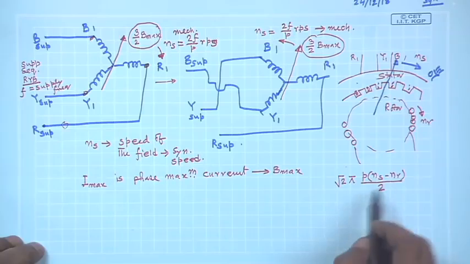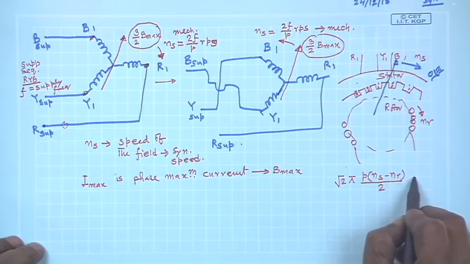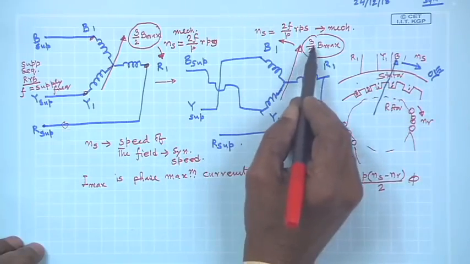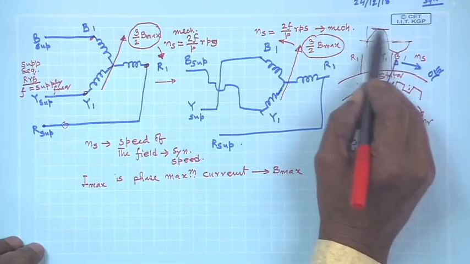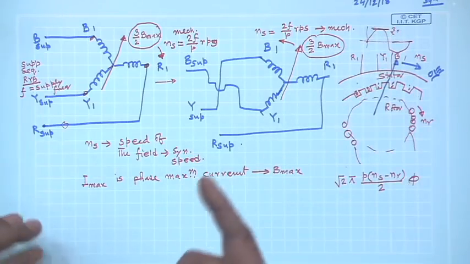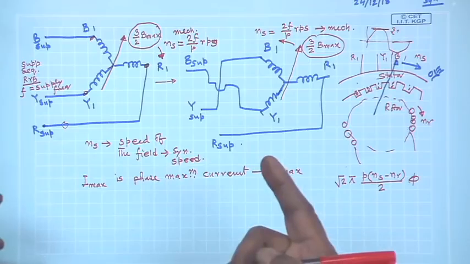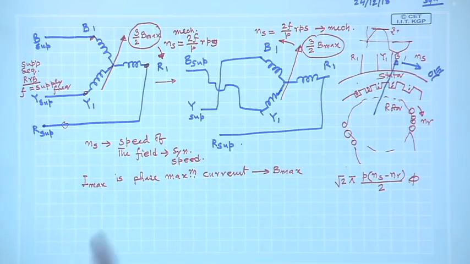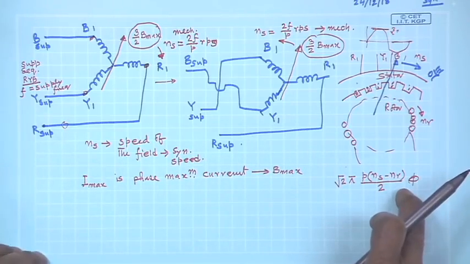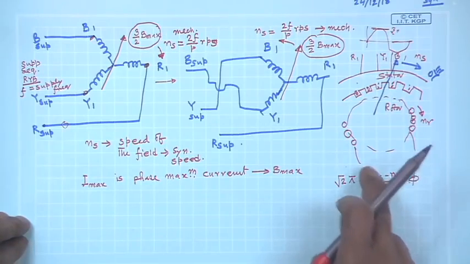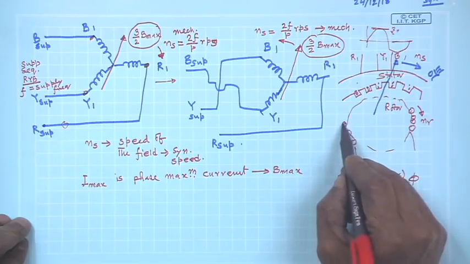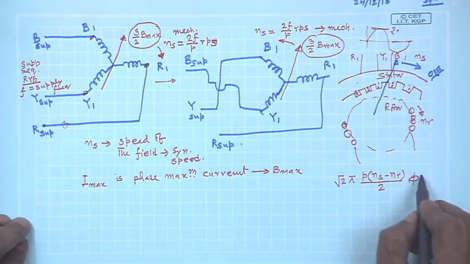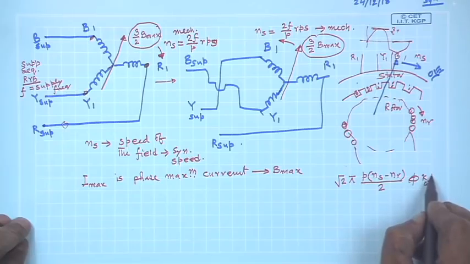Then, flux per pole. How to calculate flux per pole? It is sinusoidal like this, 3 by 2 B max. So, 4 by P, that 3 by 2 B max Lr will be the flux per pole. This is multiplied by the relative speed between these two and the effective number of turns of these distributed coils, which will be kW into N2.